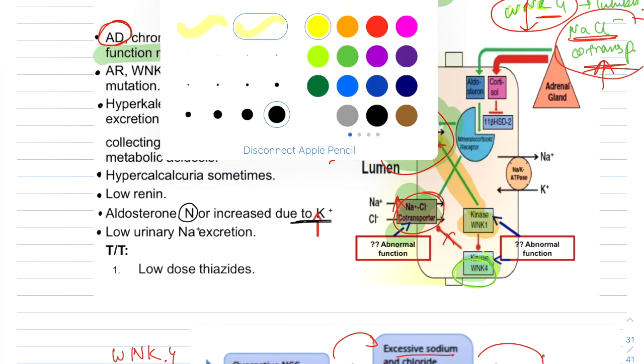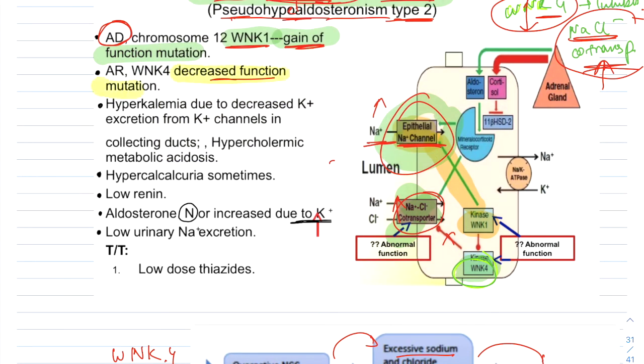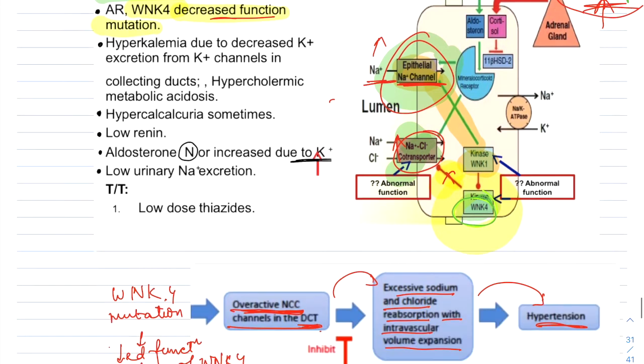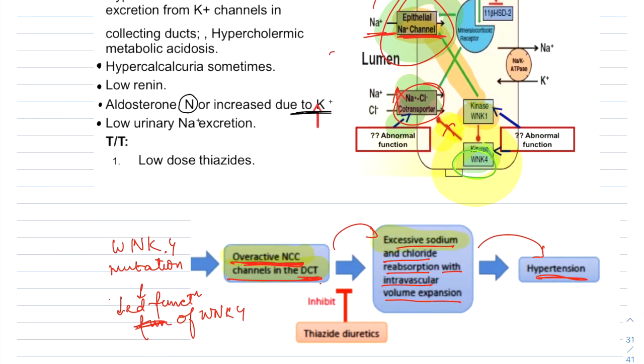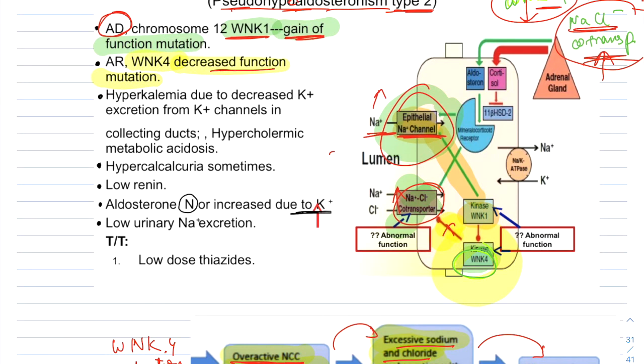A decreased function mutation in WNK4 will diminish the inhibition of the sodium chloride cotransporter, thus causing overactive sodium chloride cotransporter channels in the distal convoluted tubules, and thus excessive sodium and chloride reabsorption, leading to plasma volume expansion and hypertension.